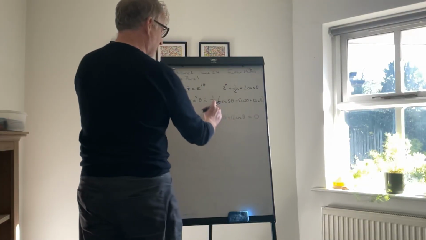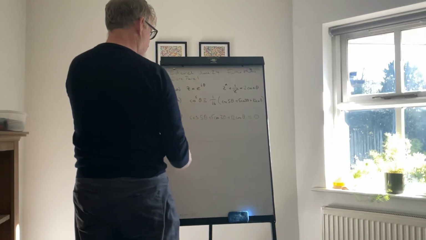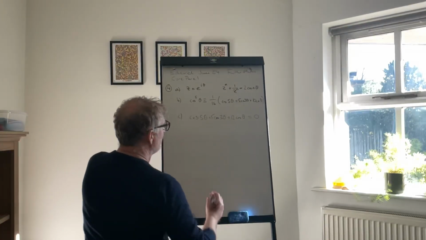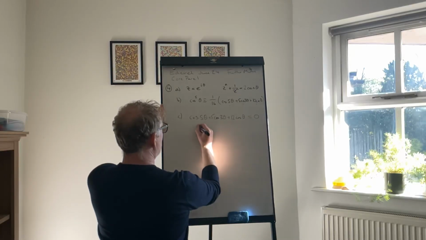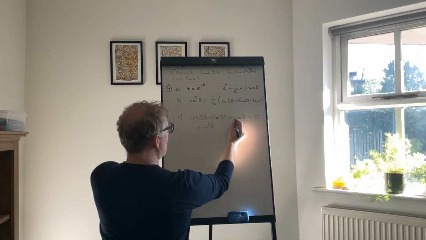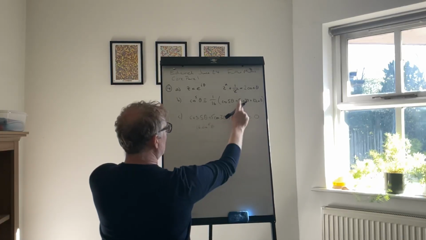So let's start off by realising if I take the 16 over there, I'm going to get 16 cos 5 theta. So that and that out of this is going to give me 16 cos to the power of 5 theta. But I'm going to have 2 cos thetas left over because I'm only using 10 up for this identity.